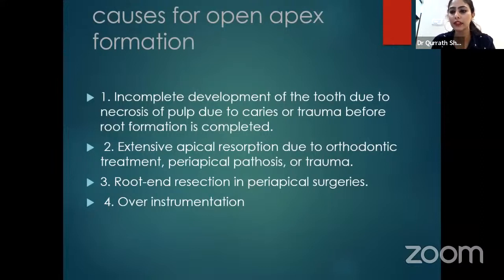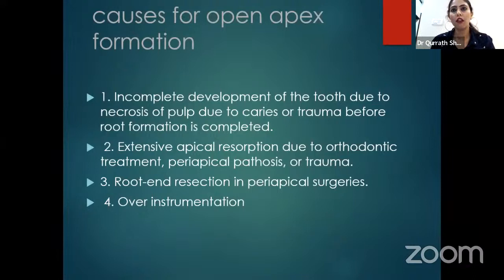The second common reason is caries. If there are deep dental caries, that will involve your pulp tissue, leading to pulpal exposure. Then you have orthodontic treatment. When there is excessive mechanical force applied, that can lead to resorption of the root.